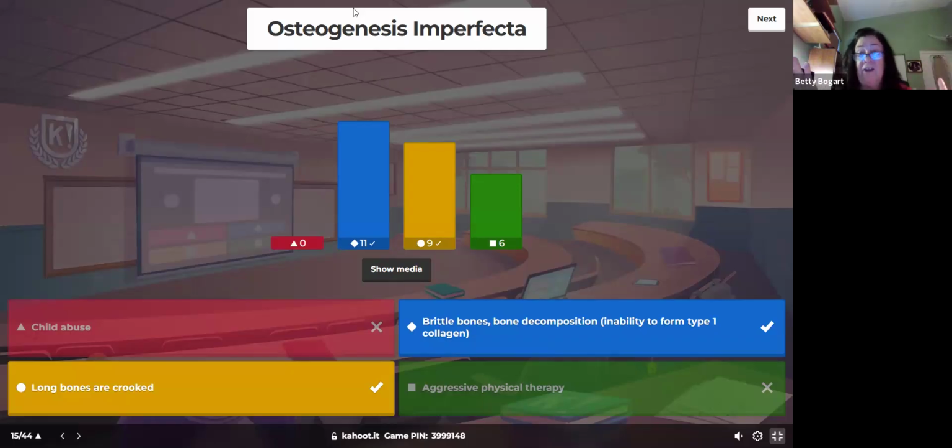They saw a kid with all of these fractures. What would you think, right? Again, you'll see long bones crooked. It's called brittle bone disease. And we're not going to do anything aggressive on this child. We're not doing physical therapy because if we did, you're just going to break another bone.